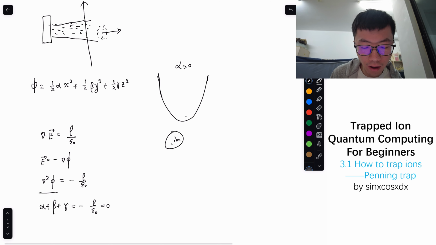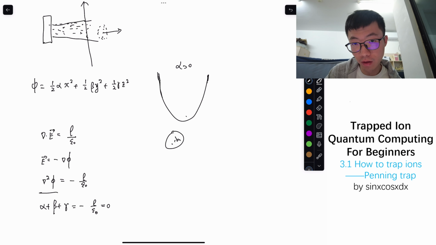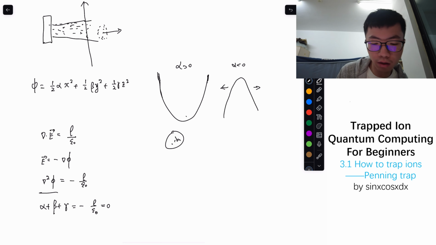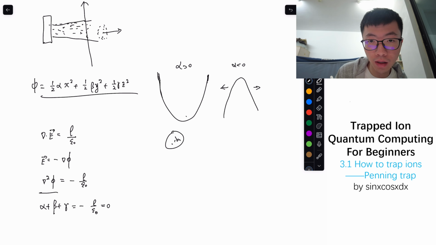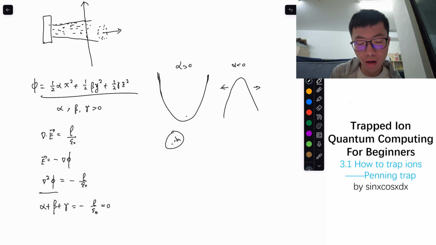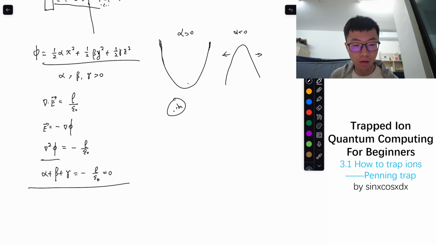If you want to confine the ion, alpha must be positive. If it is negative, there will be a repelling force and it repels the ion away. So in order to trap the ion in all 3 dimensions, alpha, beta, gamma should all be positive. However, the sum of these 3 is 0, so they cannot be all positive. So this is a paradox.